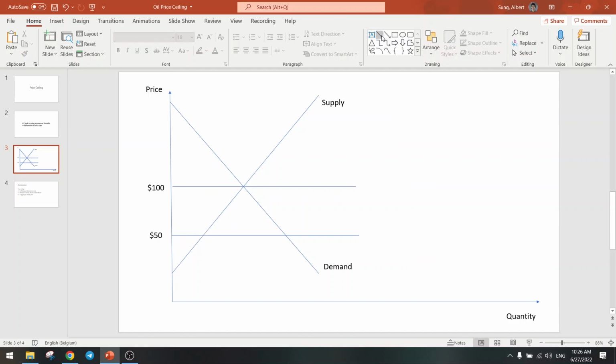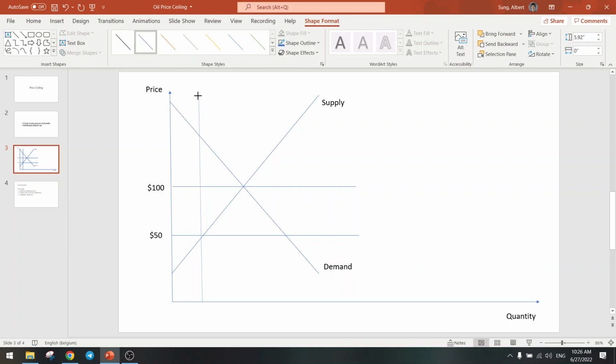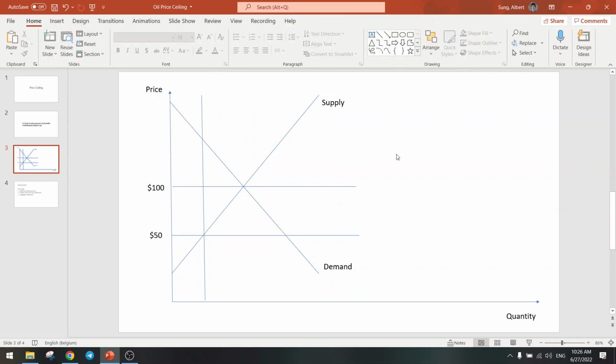So let's take a look at this equilibrium point. Okay, this equilibrium point will bring us a consumer surplus and a producer surplus.